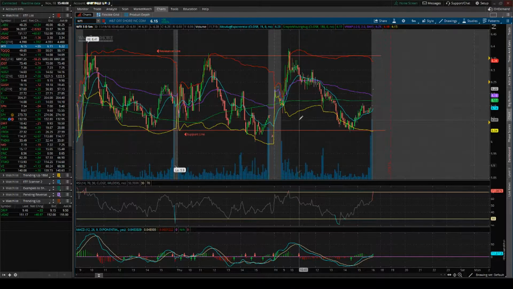But the main indicators I use: simple moving average, exponential moving average, the VWAP lines, and then I use the relative strength index and the MACD indicator.